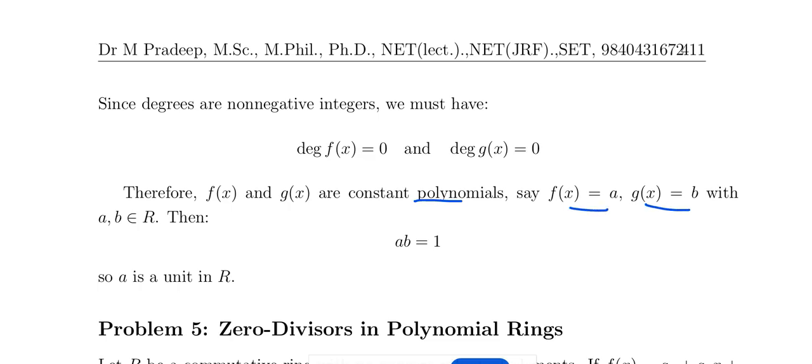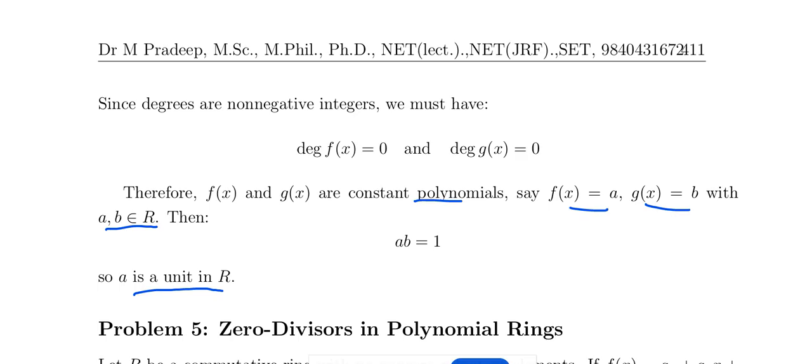Then only the degree of f(x) plus the degree of g(x) equals 0.